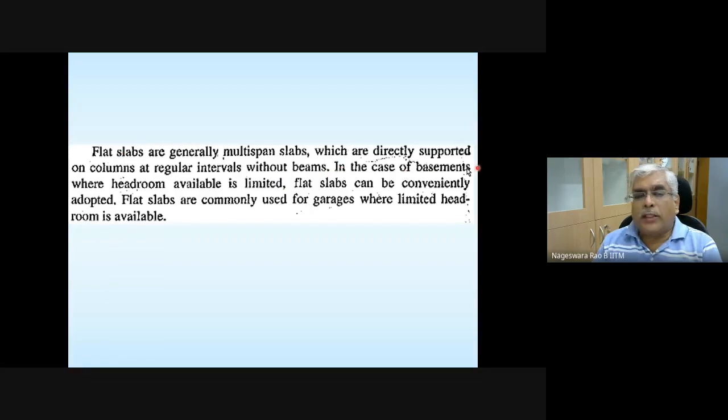In the case of basements where headroom available is limited, flat slabs can be conveniently adopted. Flat slabs are commonly used for garages where limited headroom is available. Anyway, as a part of this course, we are not going to cover the design of these flat slabs.